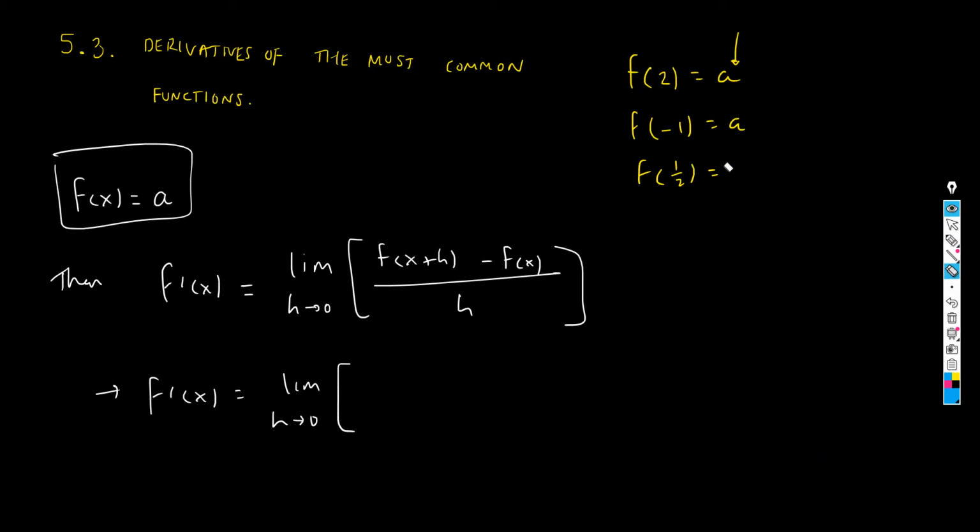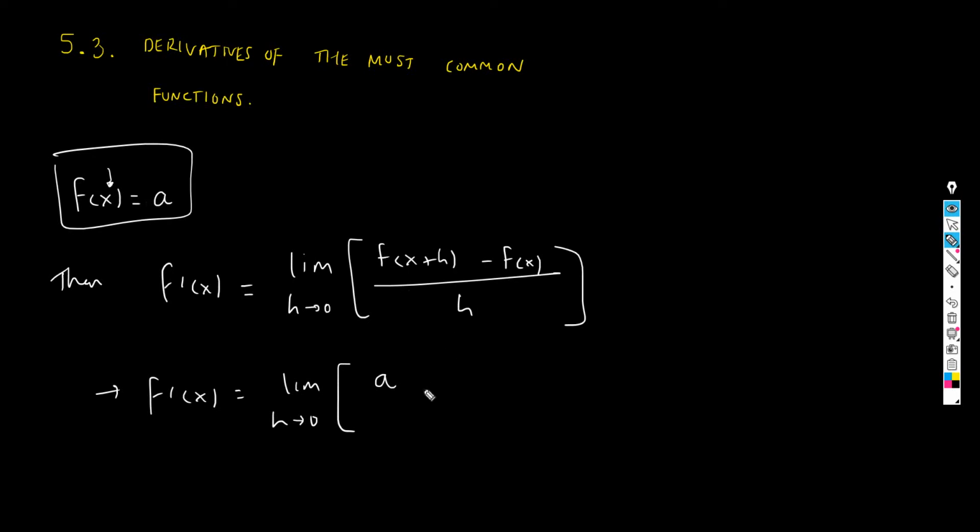let's go back here. What's going to be the evaluation of f at this number, which is x plus h? Well, it's going to be a because of the reason I told you. It doesn't matter what number you evaluate at. f of anything will always be a, always.